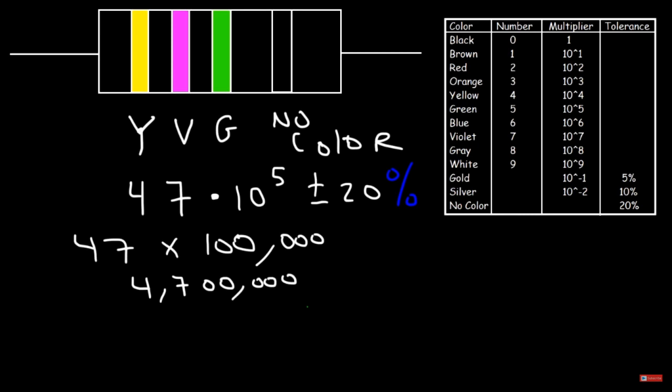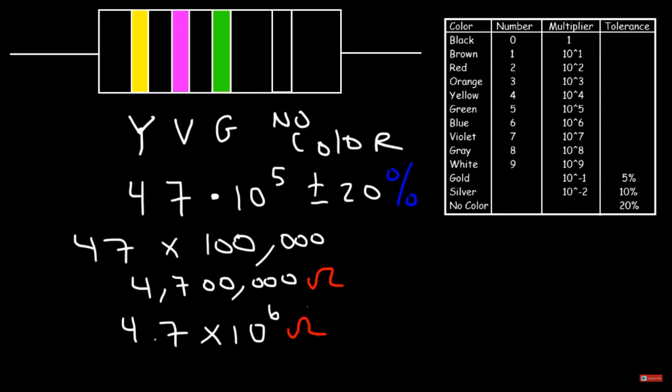Or 4,700,000. So that is the resistance level in ohms, which if you put it back in scientific notation, by moving the decimal 6 units to the left, is equivalent to 4.7 times 10 to the 6 ohms.